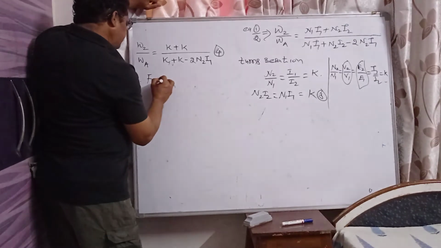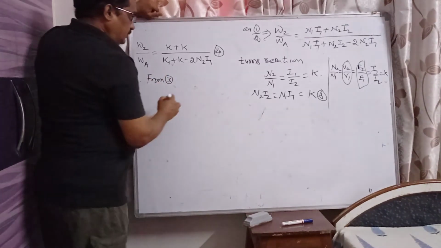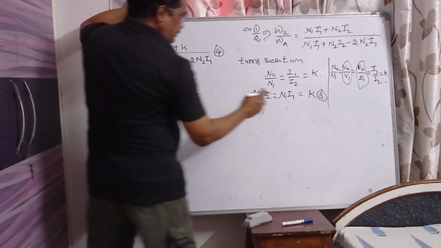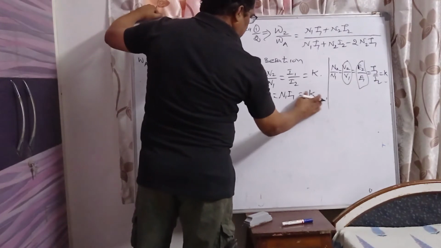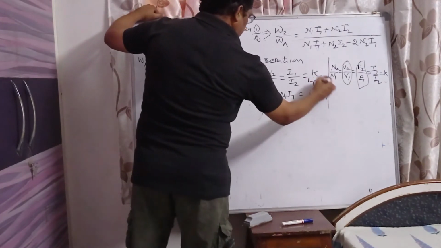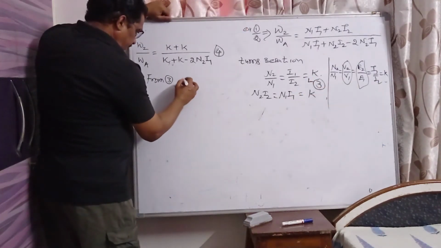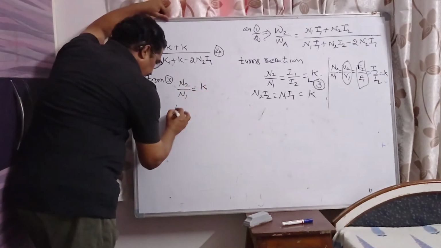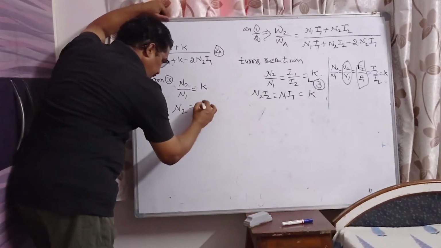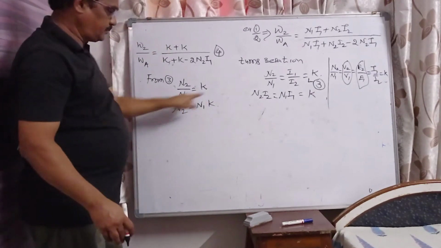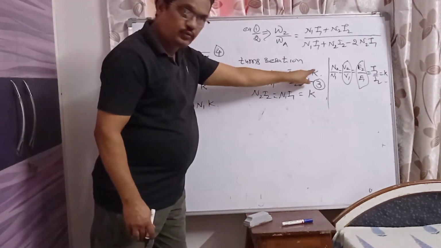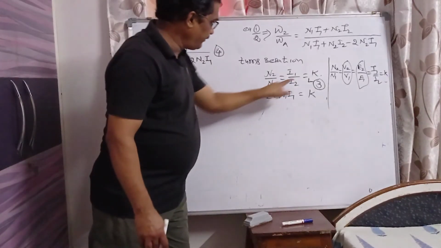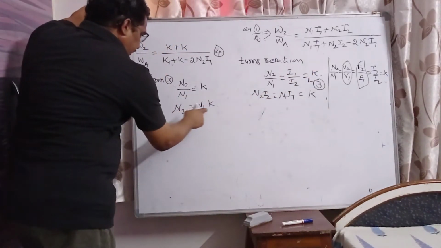From 3, N2 upon N1 is equal to K. So we can write N2 is equal to N1 into K. N2 by N1 is equal to K, so N2 will be N1 into K. So N2 is equal to N1 into K, put it here.